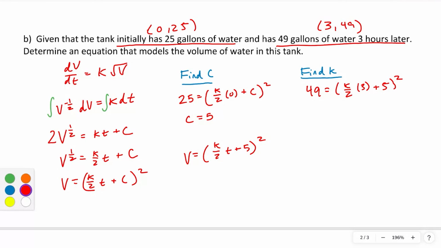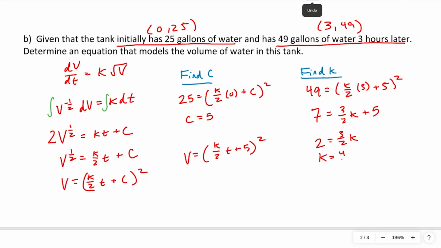So we'll take the square root of both sides. We've got 7 equals 3 halves k plus 5. Then we can subtract 5 from both sides. We get 2 equals 3 halves k. And then we're going to multiply both sides by 2 and then divide by 3. So k is 4/3.